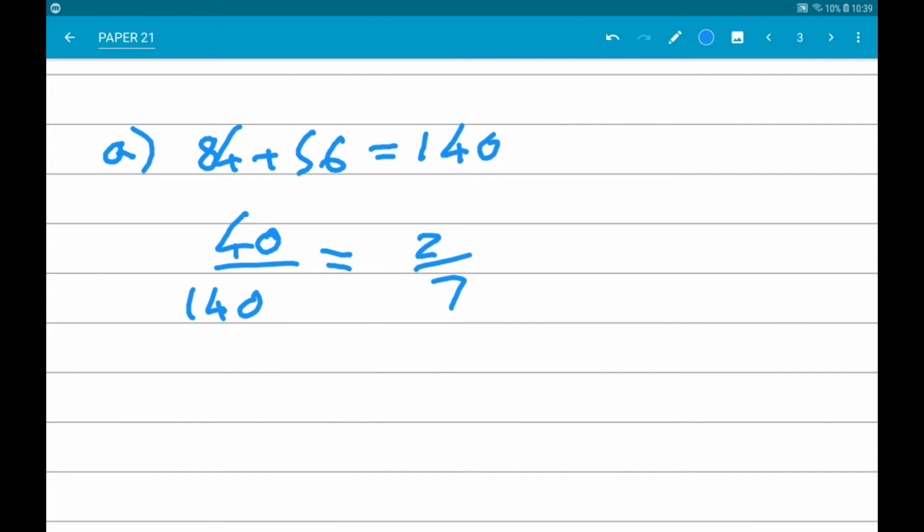So this means then he wants 2/7 of 84 is 24 year 12 and 16 year 13.